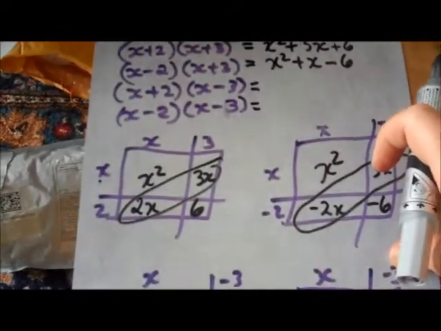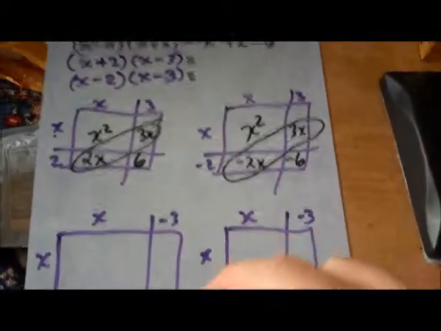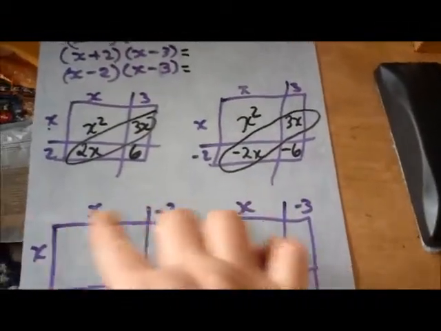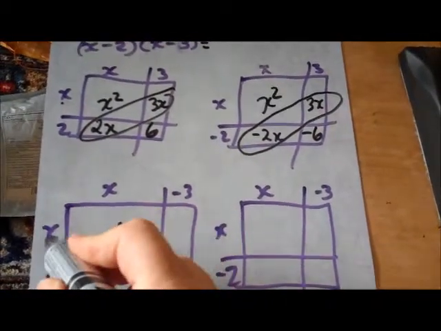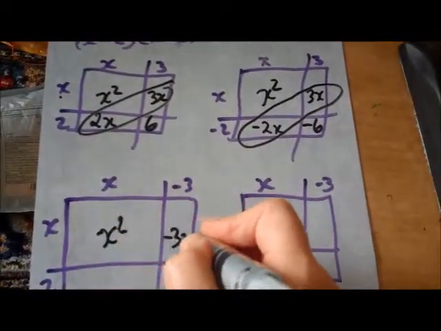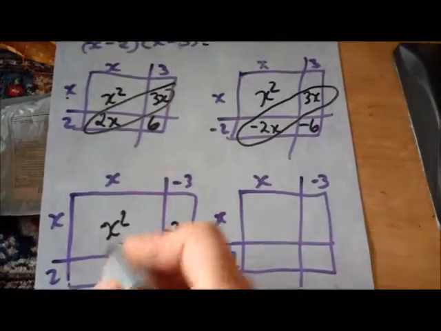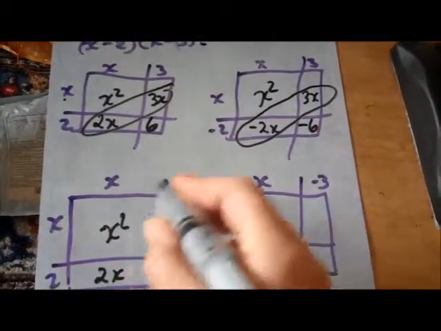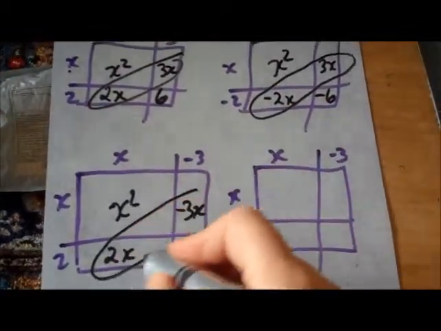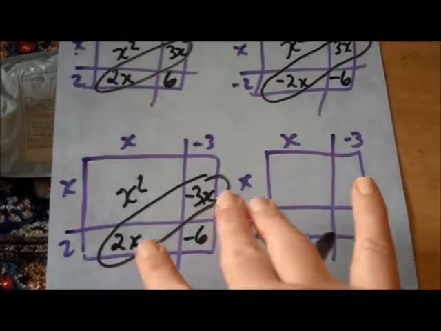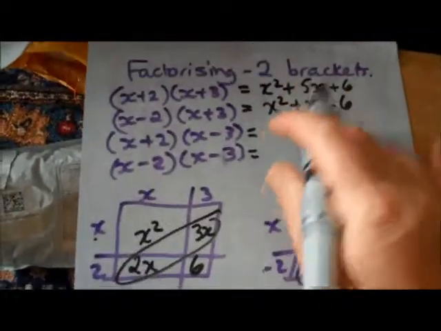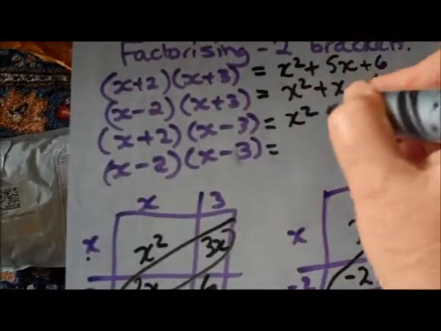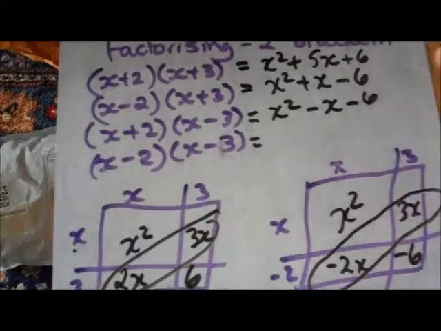The next one is x plus 2 times x minus 3. That would give me x times x is x squared, x times negative 3 is minus 3x, 2 times x is 2x, and 2 times negative 3 is minus 6. These two are the like terms. So minus 3x plus 2x is actually negative x. So up here I would have x squared minus x minus 6.